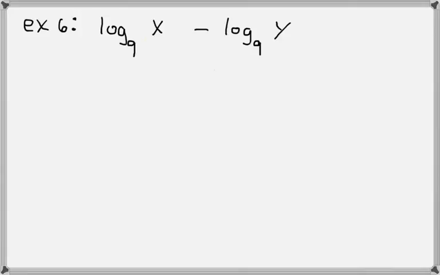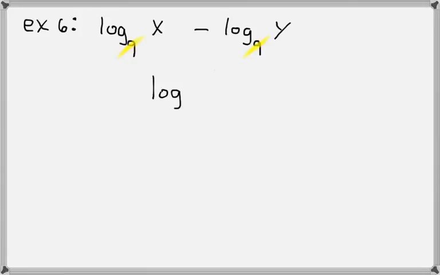Now if you look at example 6, we've changed things up a little bit. We no longer just have numbers. We have variables in it to deal with. It does not change the process any. You're still going to check to see if your base is the same. In this instance, both bases are 9, so we can go ahead and condense that into a single log using the quotient property.